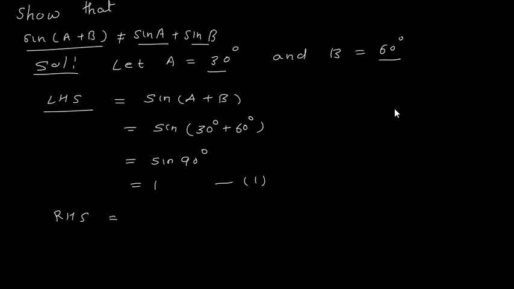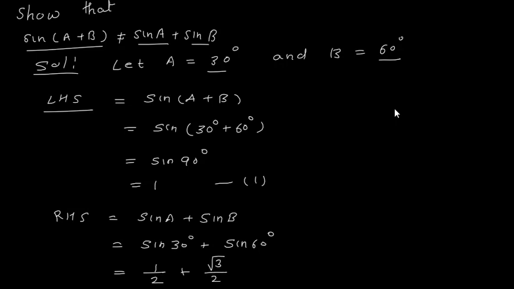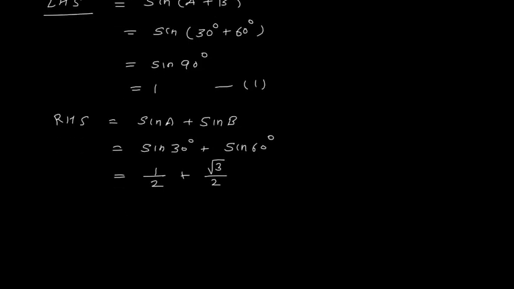Now RHS is sin A plus sin B, which is sin 30 degree plus sin 60 degree. The value of sin 30 degree is 1 upon 2 and the value of sin 60 degree is root 3 upon 2. So this is equal to 1 plus root 3 whole divided by 2. This is our second equation.